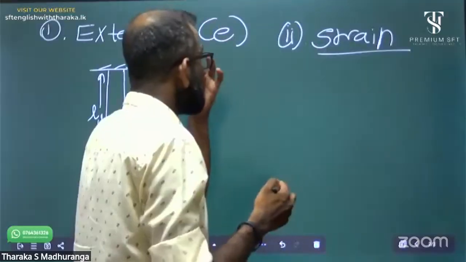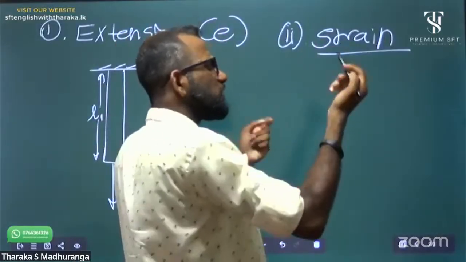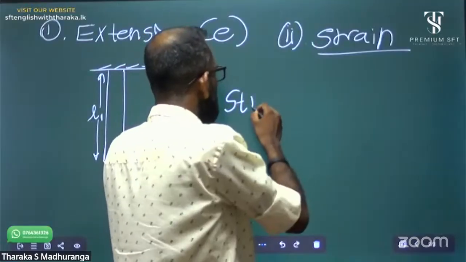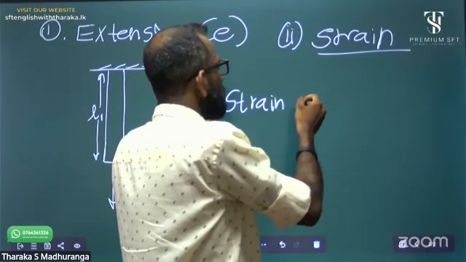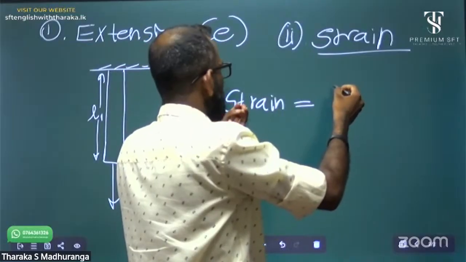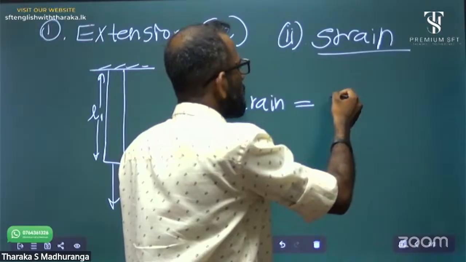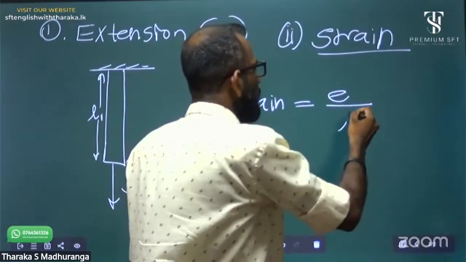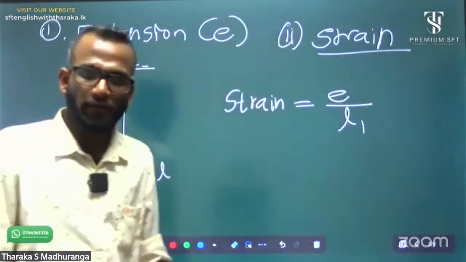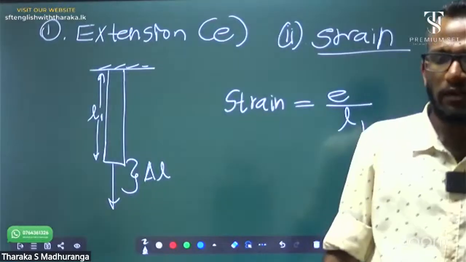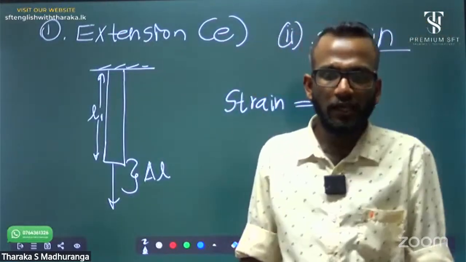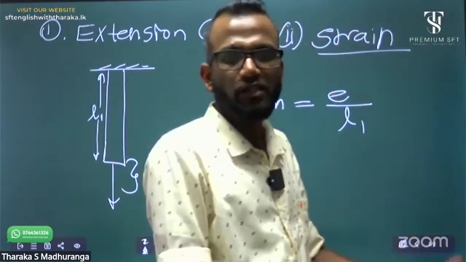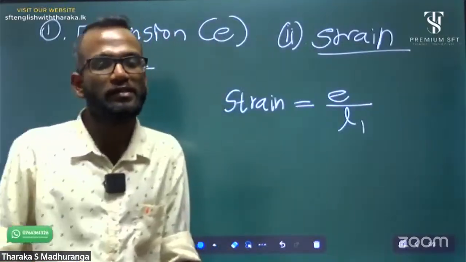Strain is the ratio between extension, e, and initial length, e over L1. The ratio between extension and initial length we call strain.